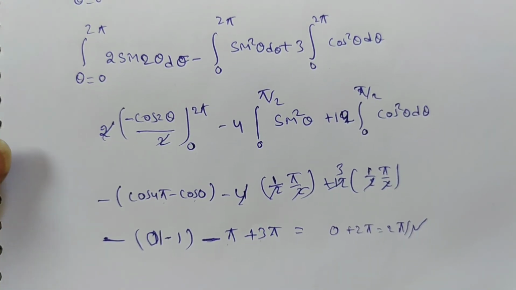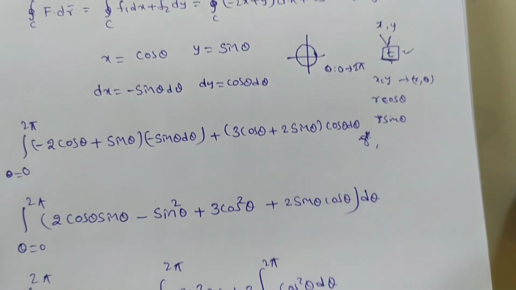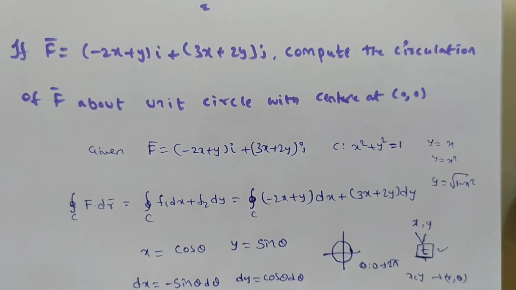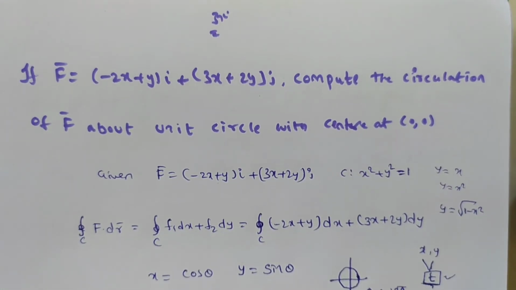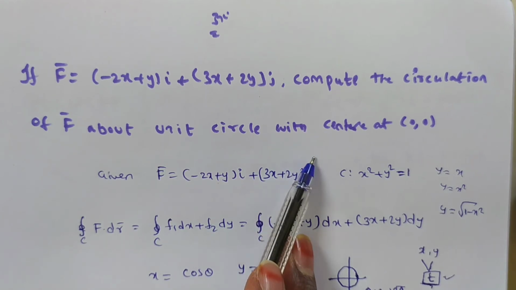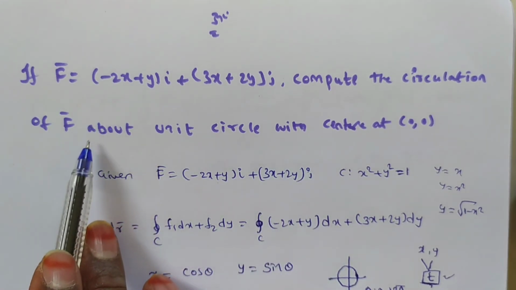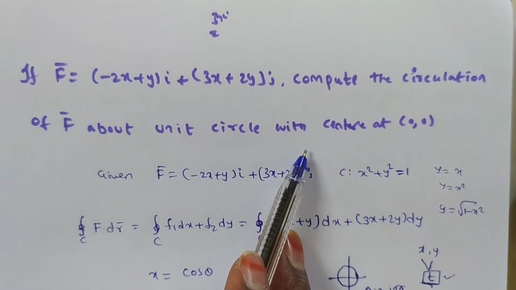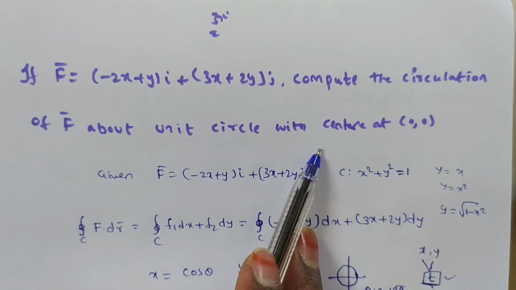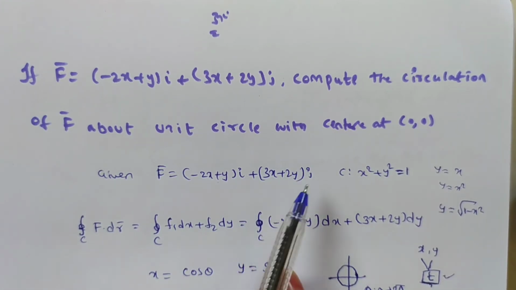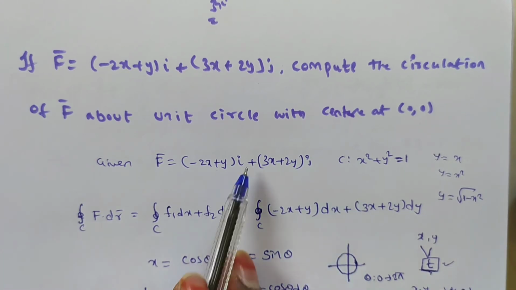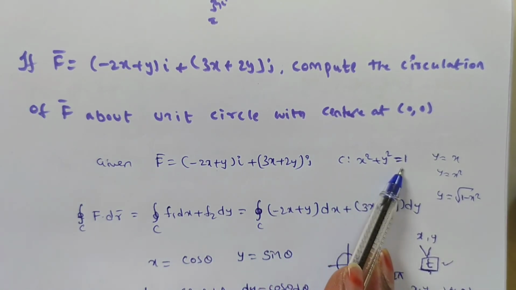Friends, you have to remember only one thing here. If the given integrand is around the unit circle, here we can apply Green's theorem also. Green's theorem we can apply whenever the curve is a closed curve. Next, moreover, you have to observe if it is possible in a line integral, x square plus y square is equal to 1 is given.